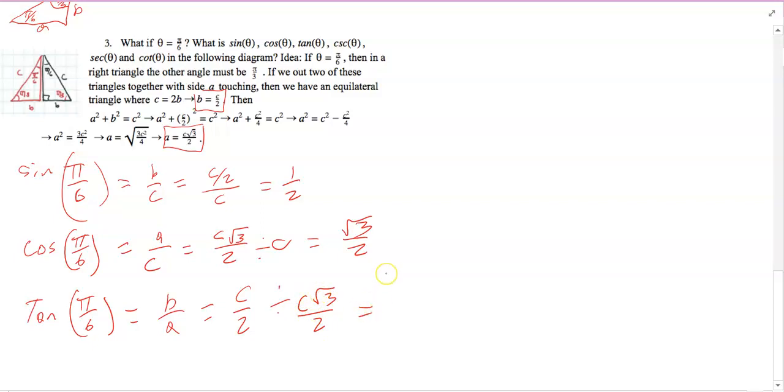So that will become simply 1 over radical 3, since the radical 3 will be in the denominator. Or if you rationalize this, it becomes root 3 over 3.